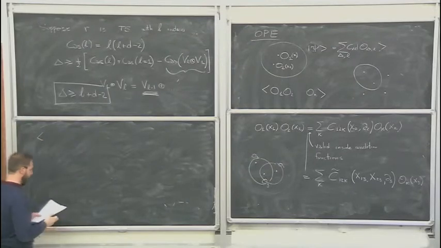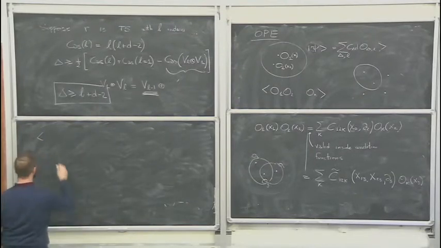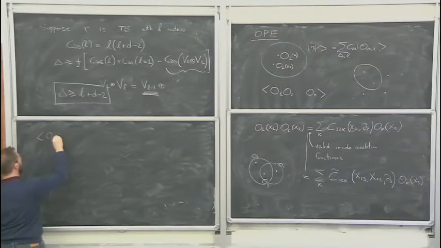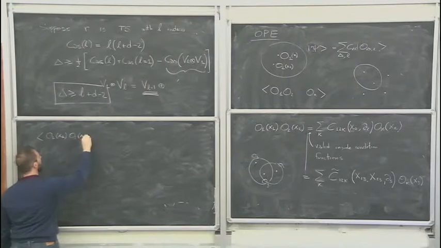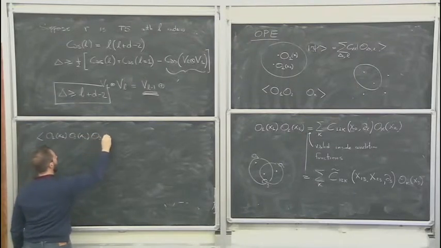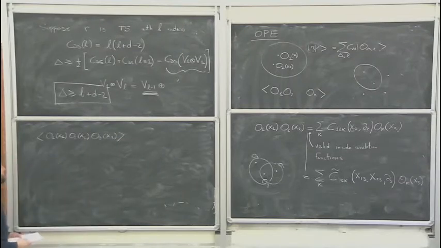So let's say you have three scalar operators, O1 of x1, O2 of x2, O3 of x3, inserted in such a way that x1 and x2 are closer to each other than to x3, for instance.